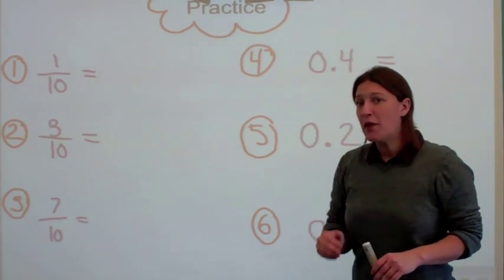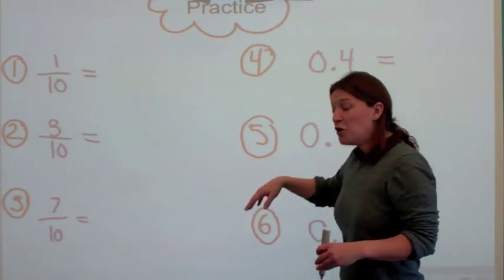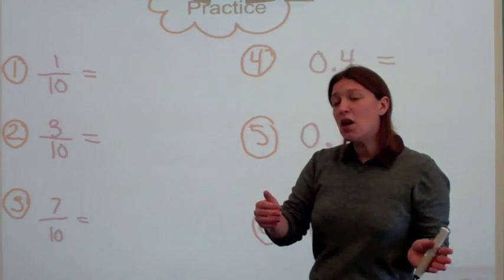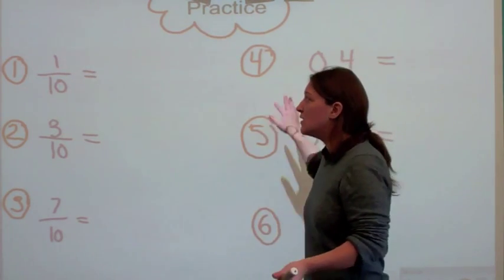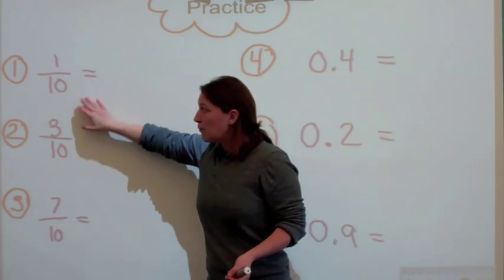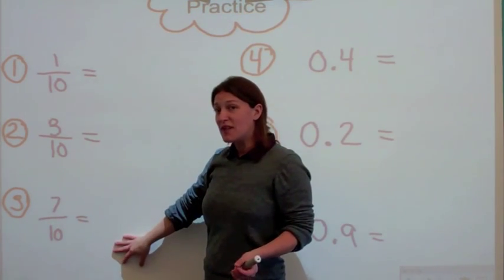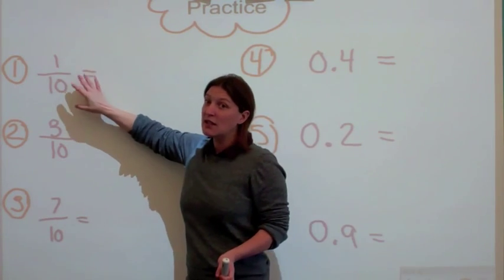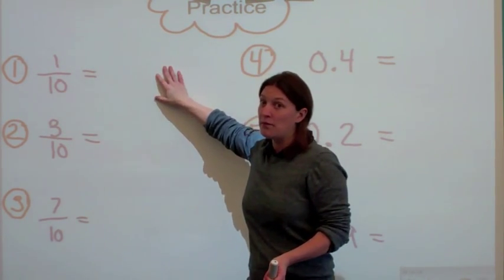Now it's time for you to practice. In your practice section, you might not have enough space, so go into your global section to complete this. You have 6 problems. 3 of the problems that you're going to do is going to be changing a fraction into a decimal.